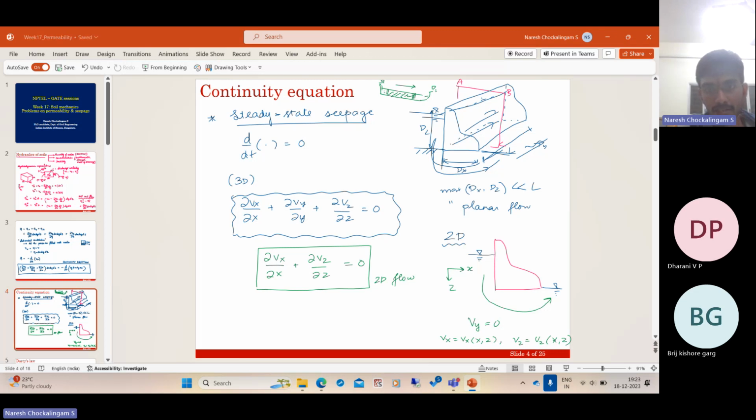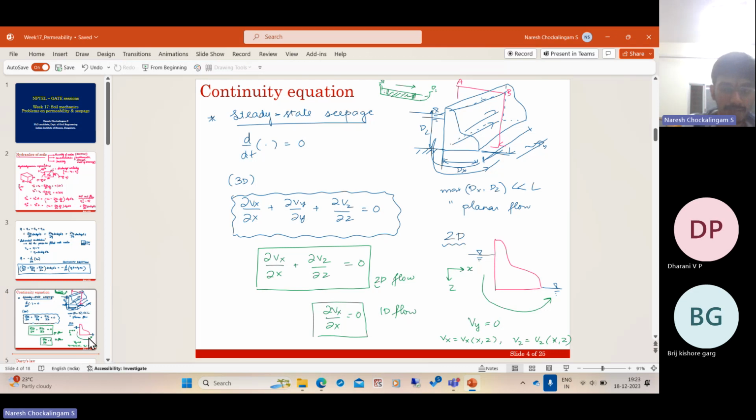The velocity components in the cross section can be neglected. So we can further reduce it to the case of 1D flow as partial Vx with respect to X equal to 0. So these are the various versions of the continuity equation. This is the general 3D equation, but in civil engineering we are mostly interested in 2D flow and 1D flow.